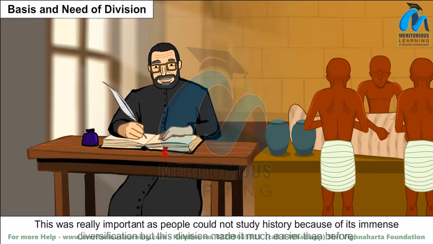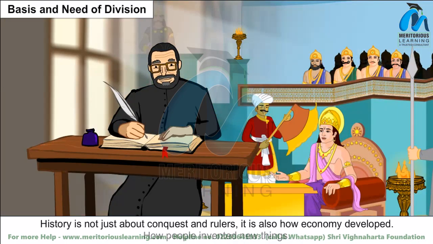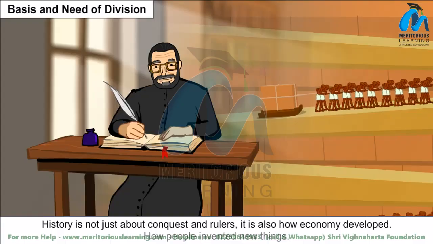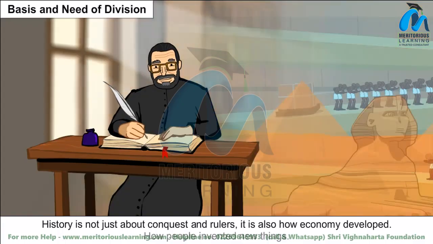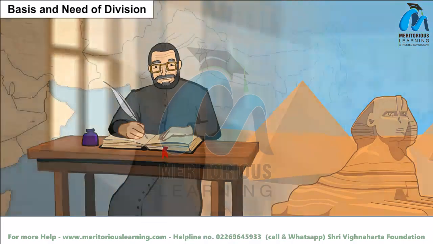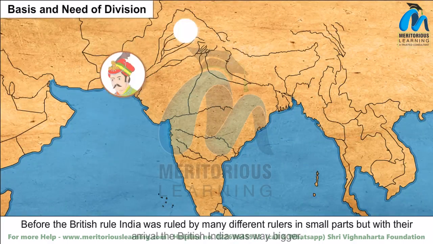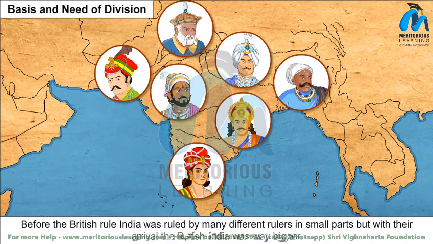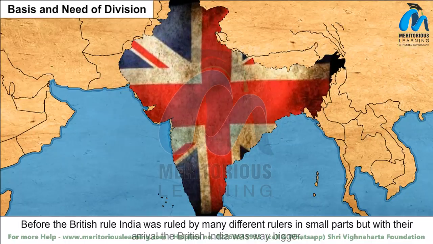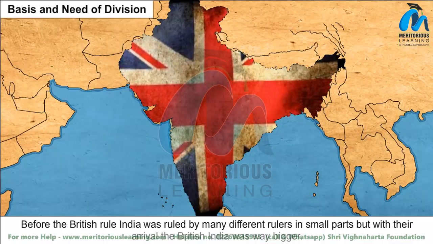History is not just about conquest and rulers, it's also how the economy developed. Also, how people invented new things. Before the British rule, India was ruled by many different rulers in small parts, but with the arrival of the British, India became way bigger.